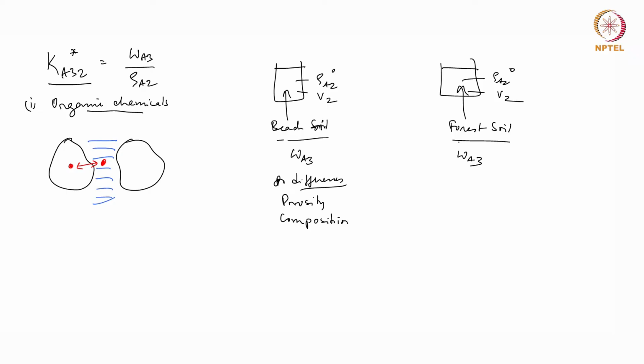If A is an organic chemical, what do you think will be the determining factor? Which one will be higher, this or this? From your general observation of beach soil, what is the difference between beach soil and the forest soil?